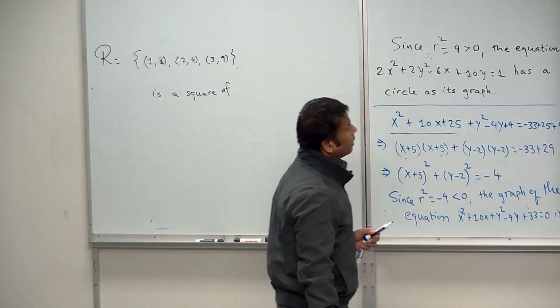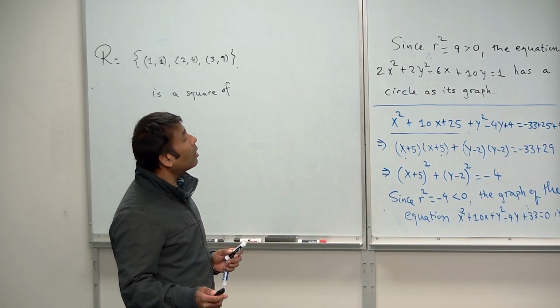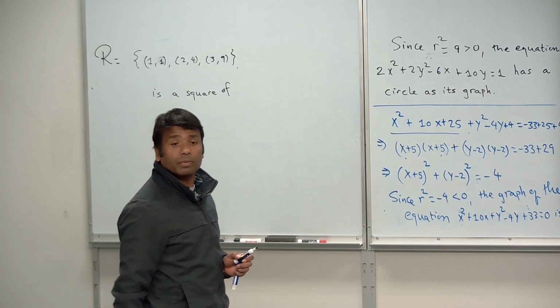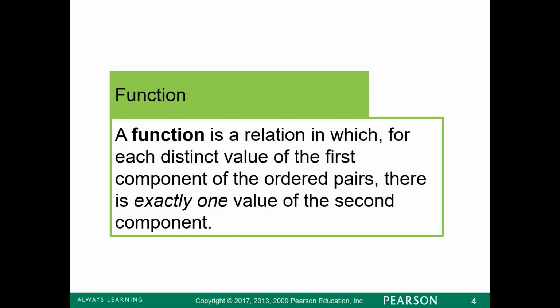Maybe here we have some examples. This is the definition of a function. A function is a relation in which for every distinct value of the first component, there is exactly one value of the second component.